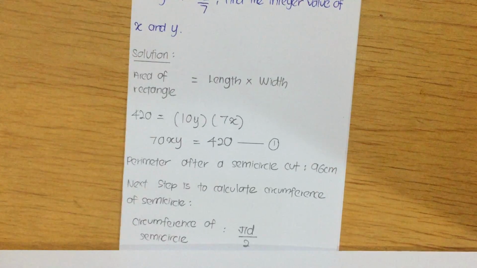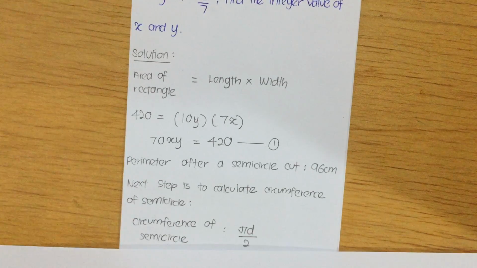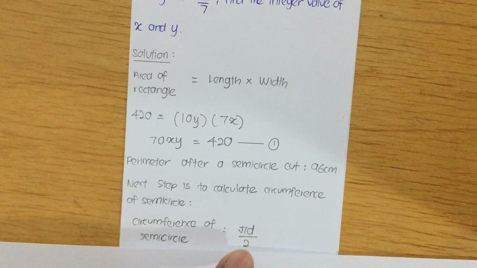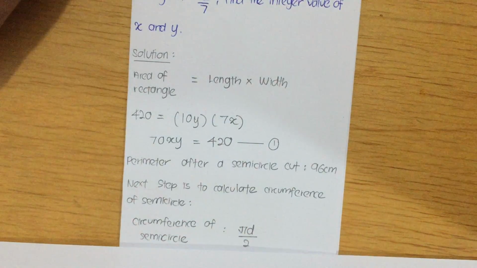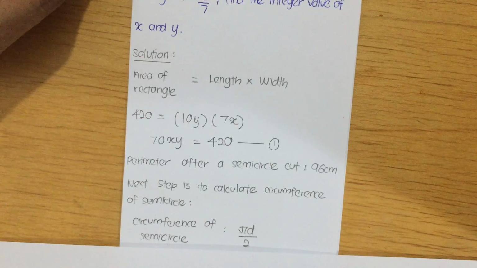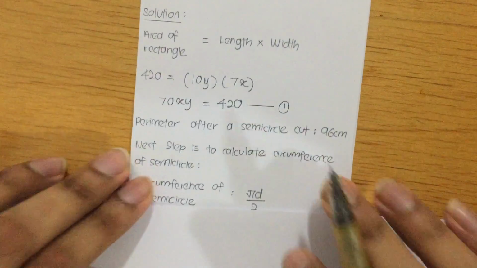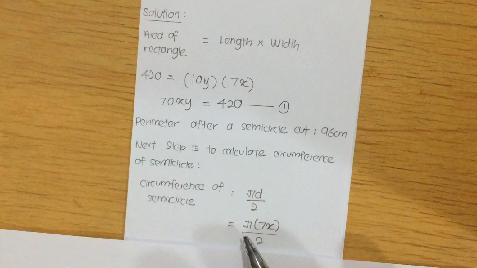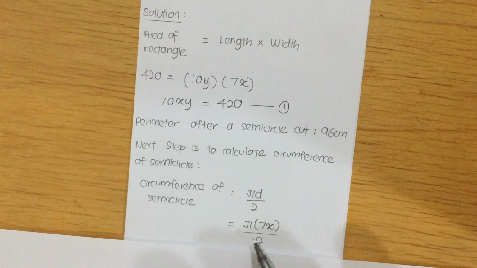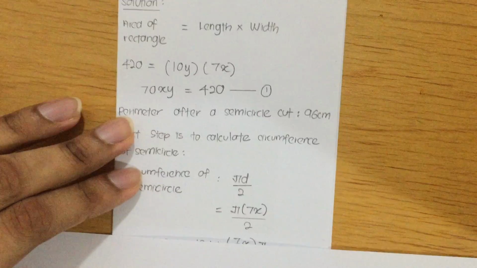Since in this question they gave us a semicircle, we need a formula for semicircle, which is pi d over 2. We don't know our radius, but we know our diameter is 7x. So from here, our circumference of the semicircle is pi times 7x divided by 2. Let us continue.